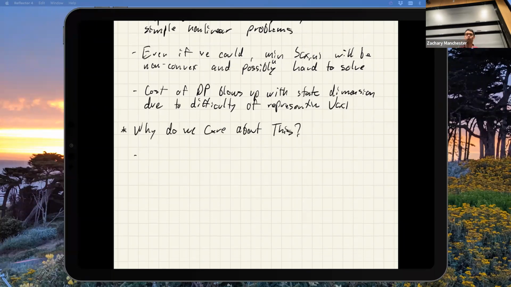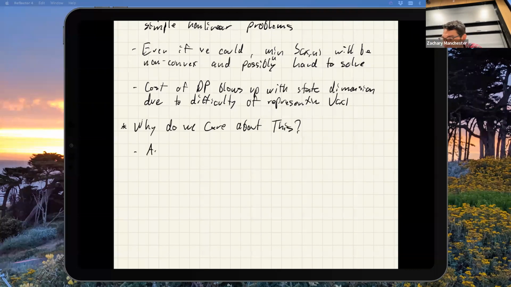Approximate dynamic programming, where we start to use function approximators for the value function or action value function, is the basis for tons of things. That is the basis for all kinds of modern RL algorithms, right? Use a deep neural network for V or Q, you have deep RL. And it also is super useful in model predictive control. It's also one of the key ideas behind MPC, which we're going to see in the next couple of lectures.